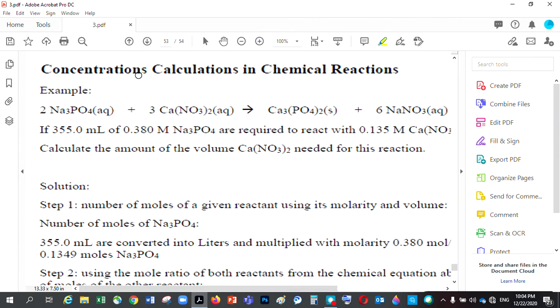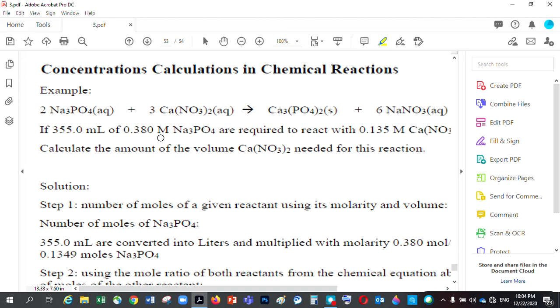We want to see the concentration calculations in chemical reactions. They call it stoichiometry in chemical reactions, and this is really all about first balancing chemical equations. You have to start with the balanced chemical equation. After balancing the chemical equation, you have to look at the ratio between the reactants and the products, or among the reactants themselves, or among the products themselves.